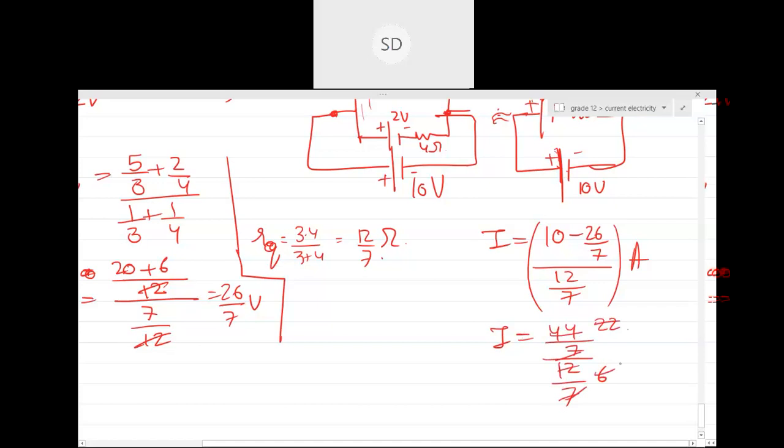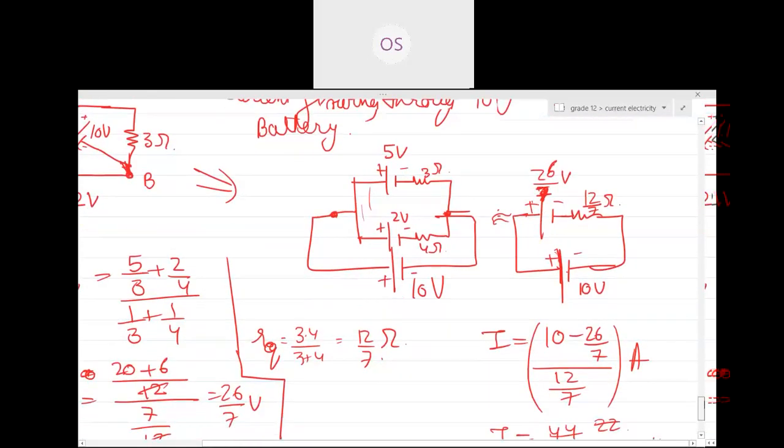So why did we do 10 minus 26 by 7? Because the 10 volt is trying to send current like this, whereas the other is trying to send current in the opposite direction. Their polarities are opposite, and they are in series connection. That's why minus.